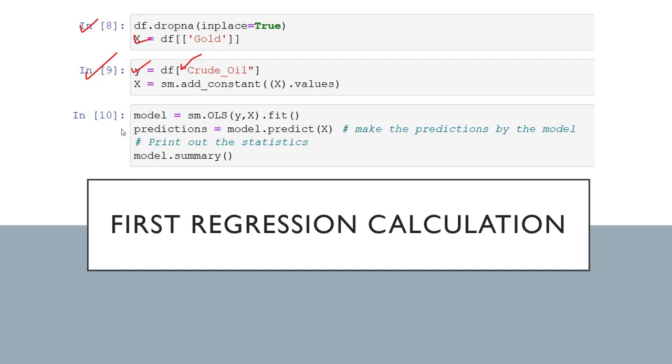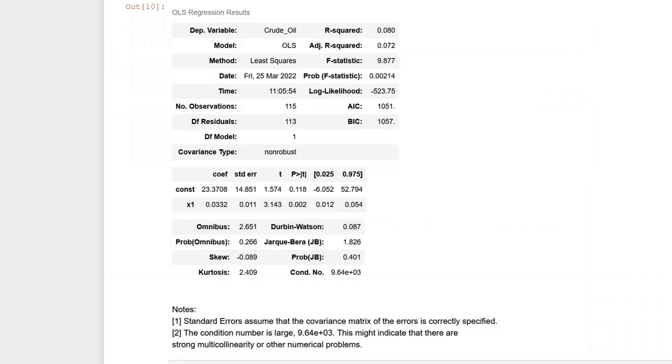Window 10 does the regression calculation using the statsmodels library, the specific function OLS, which stands for ordinary least squares. The output is printed using the model.summary command. Here is the final output.